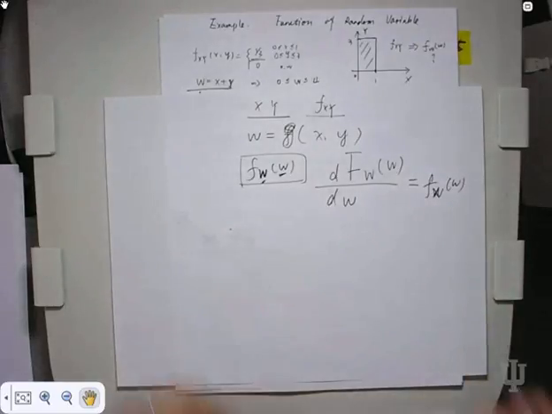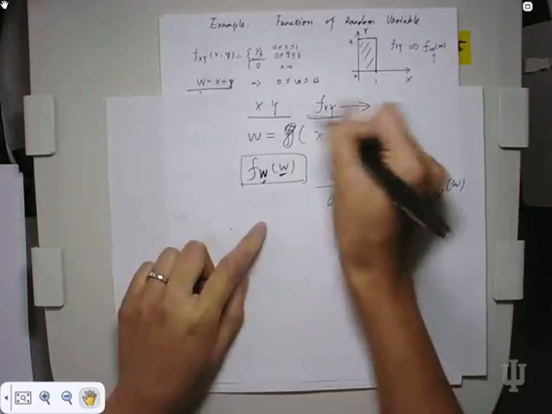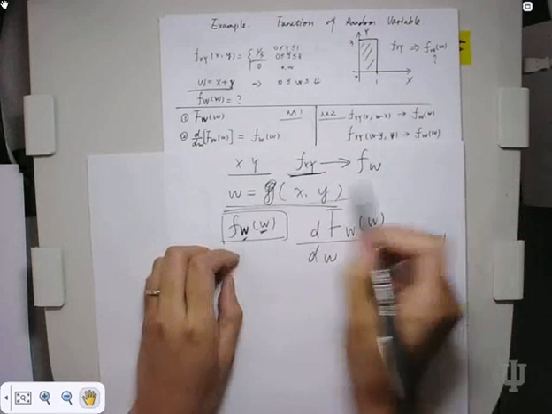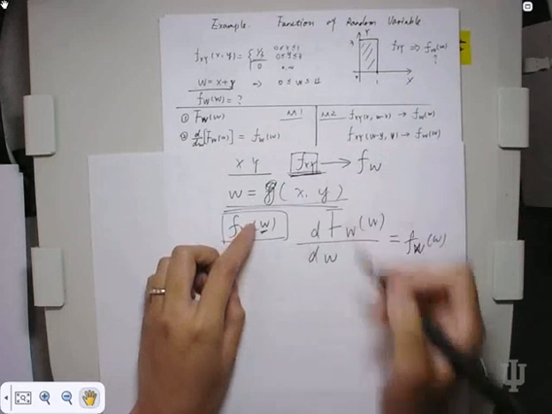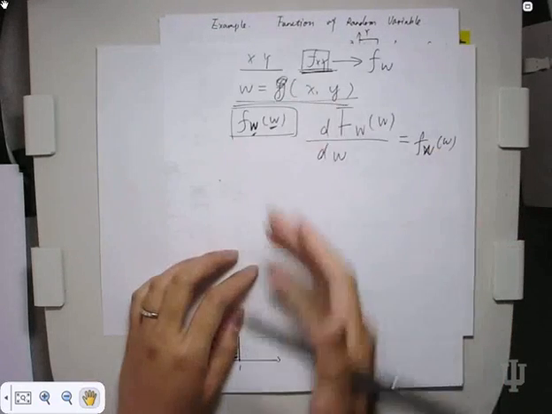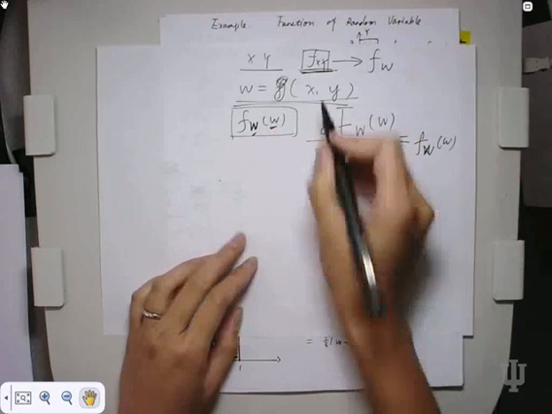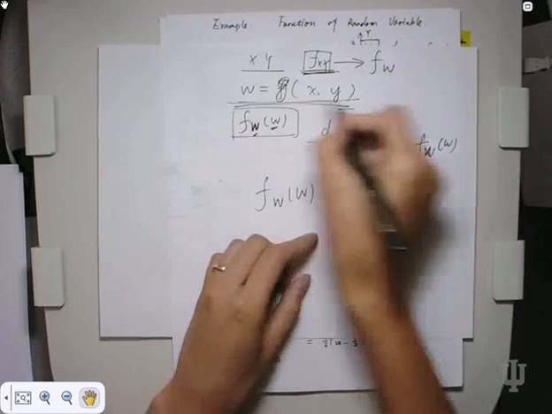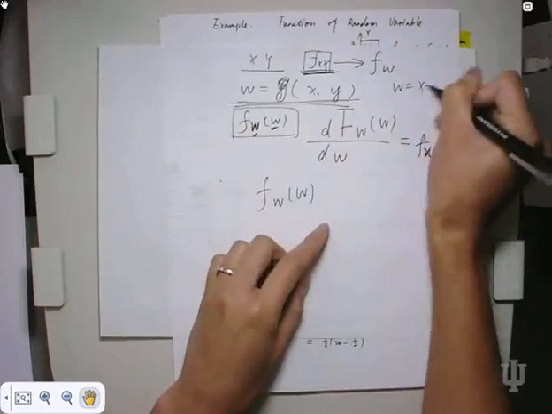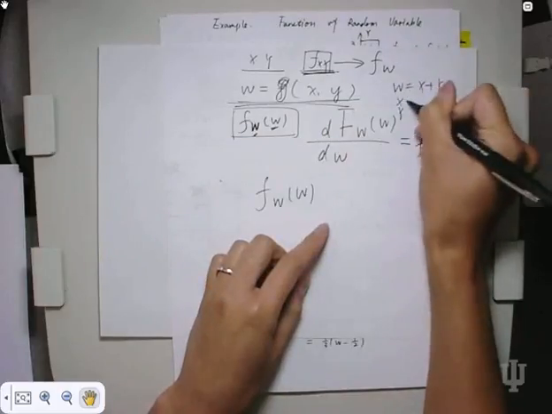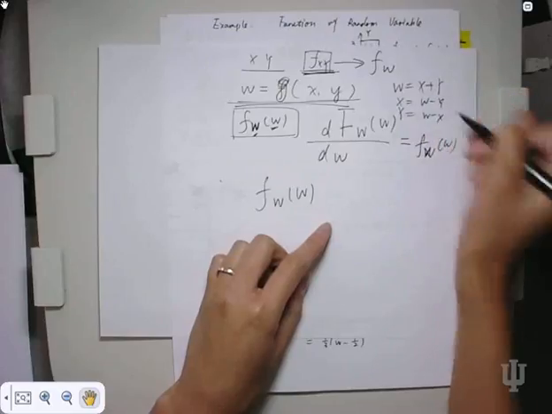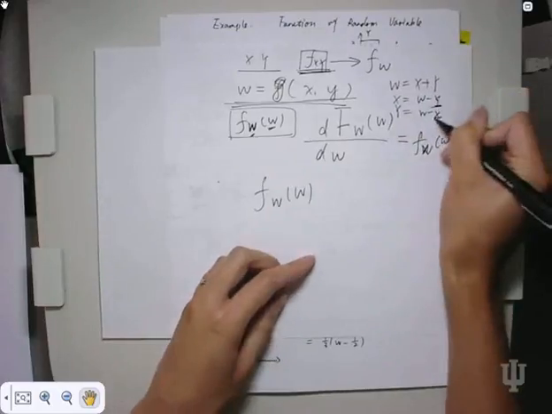Another way, you use this relationship. This is the joint function, so it's in 2 dimensions. But if I substitute in, for example, my w is x plus y, that means I can represent x and y using w and the other random variable.